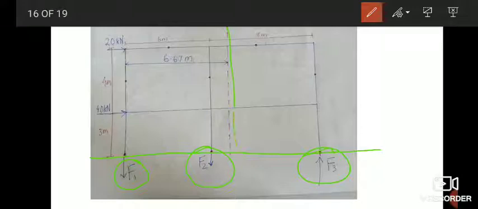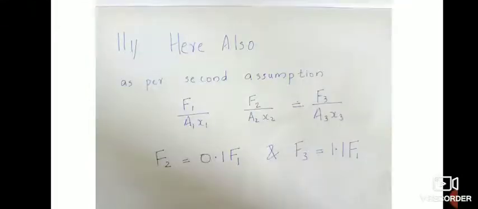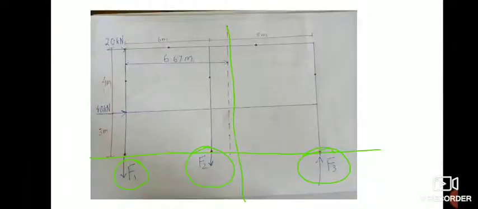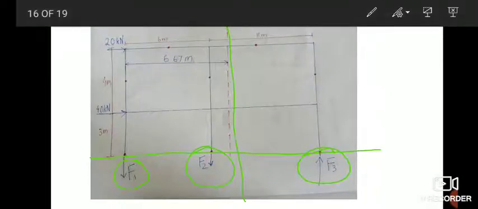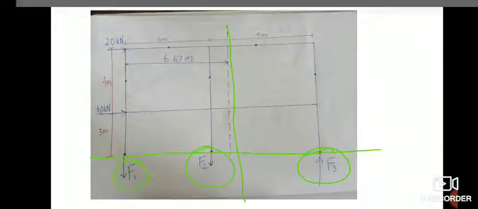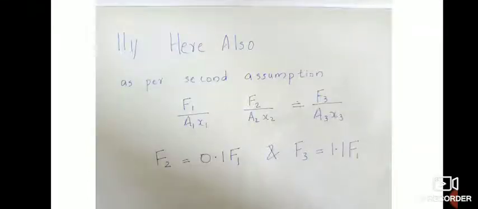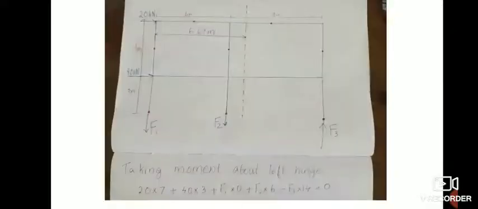The central axis lies here and the distances are all the same, and as per the second assumption you can write f1 by a1 x1 is equal to f2 by a2 x2, the same equation, and f2 will be 0.1 f1. Because the distances are all the same for the top story and this story, this equation is valid here also. f2 is equal to 0.1 f1 and f3 is equal to 1.1 f1.